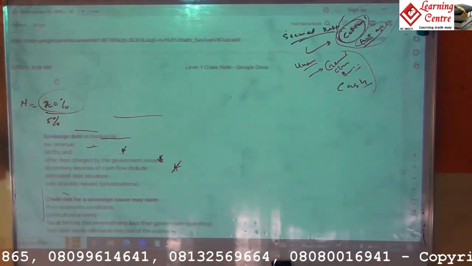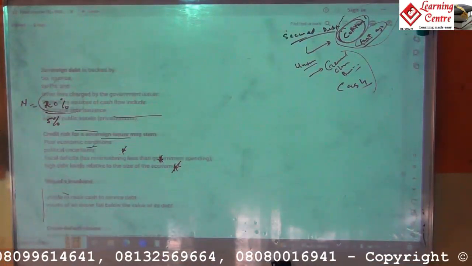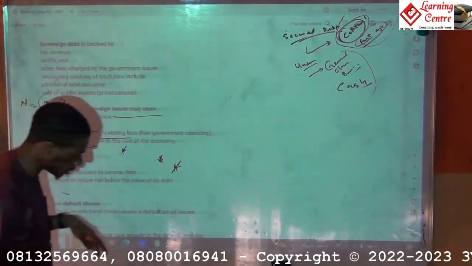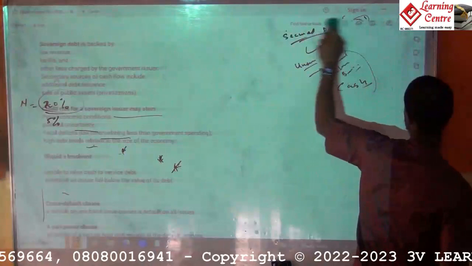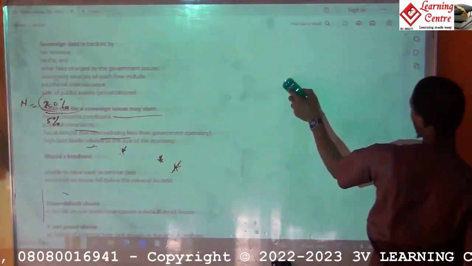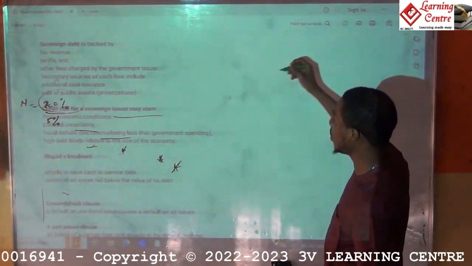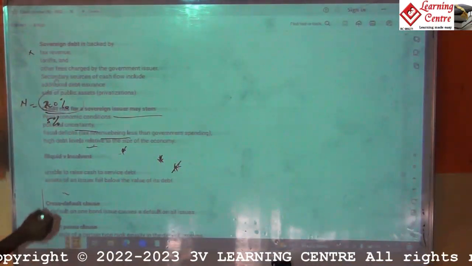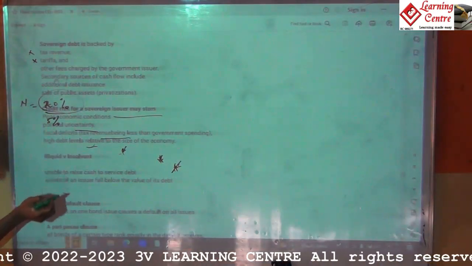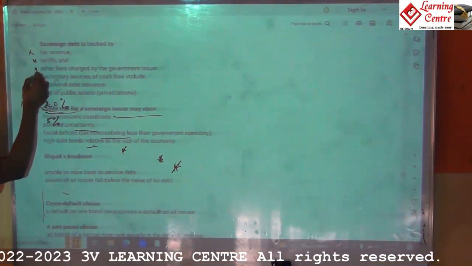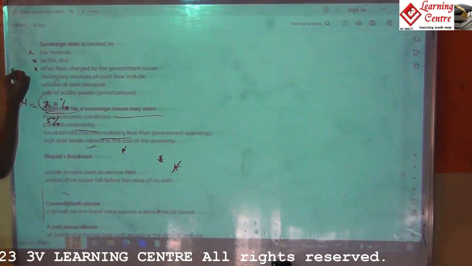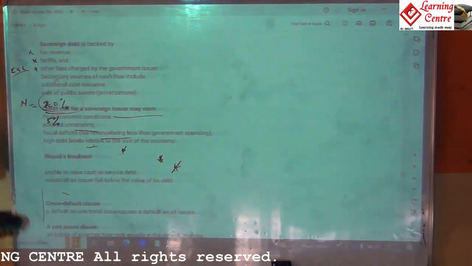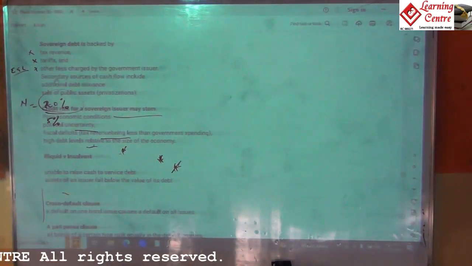So how do you analyze credit risk for a country, a sovereign? When we lend to sovereigns, the source of payment we expect is tax revenue, tariffs like import duty, and other things, like expatriate revenue, to pay their debt.